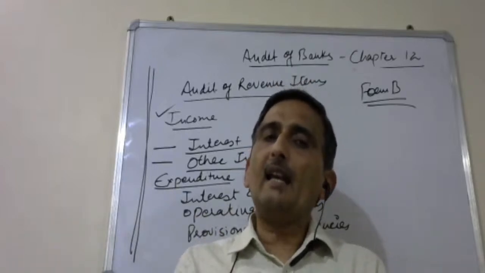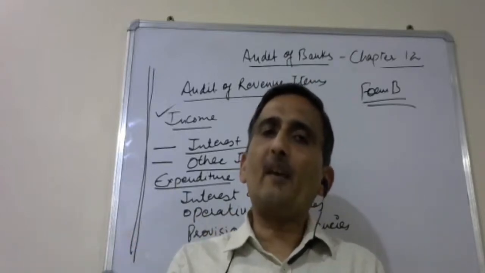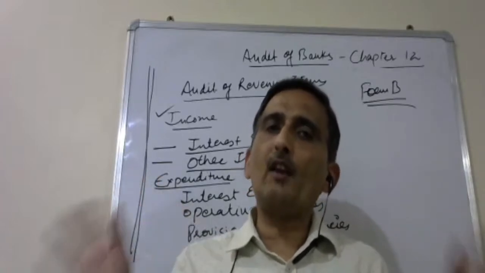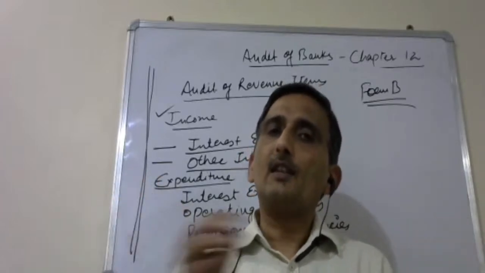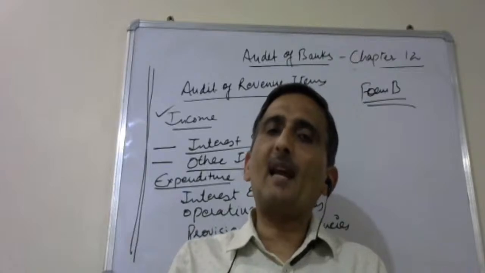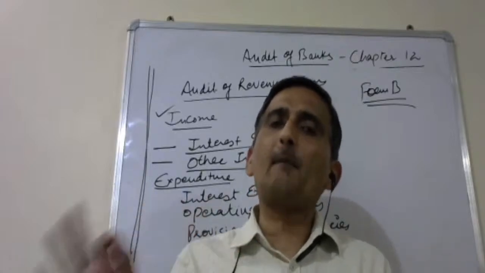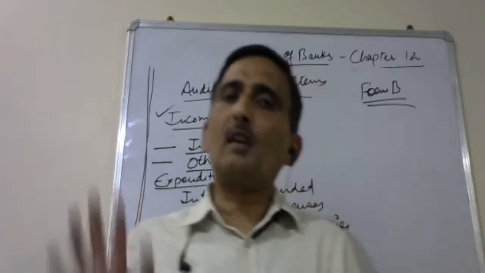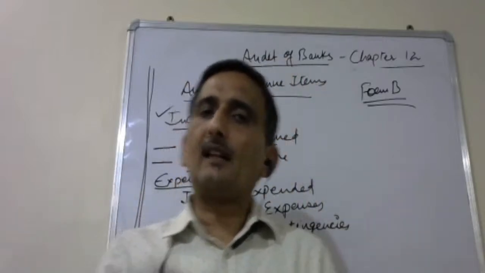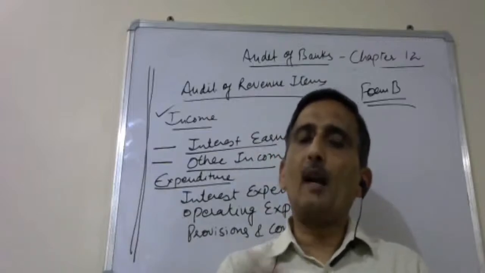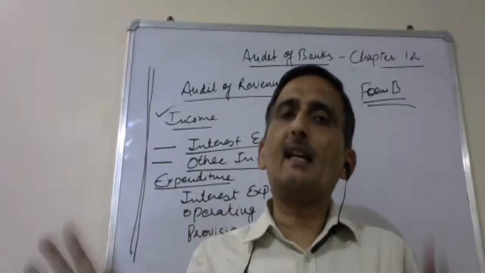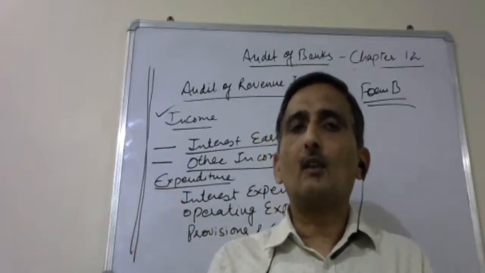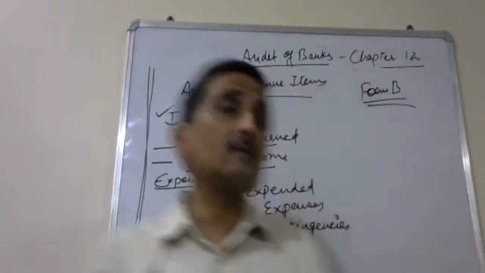You are very familiar with saving accounts. Everybody has a saving account with a certain balance, and the bank pays you some interest, which is credited to your account, a few hundred rupees quarterly or half yearly.